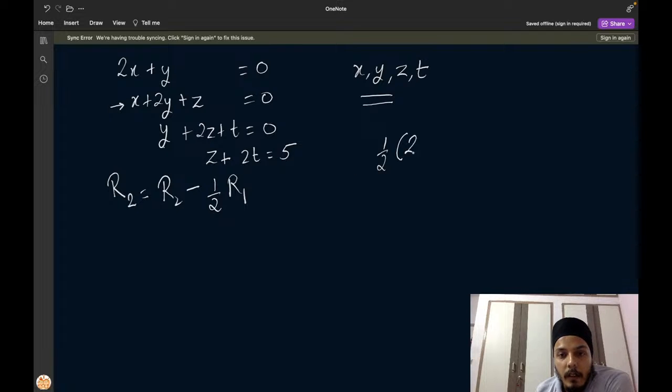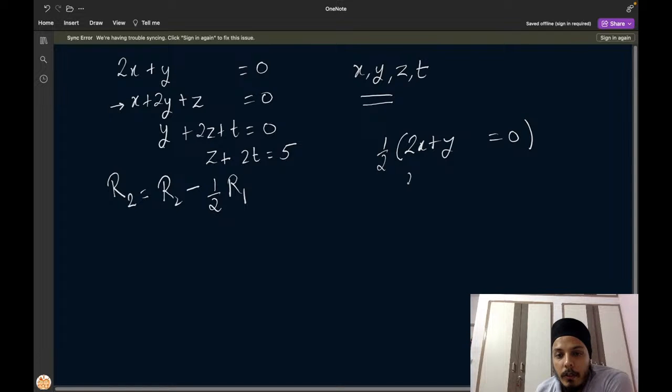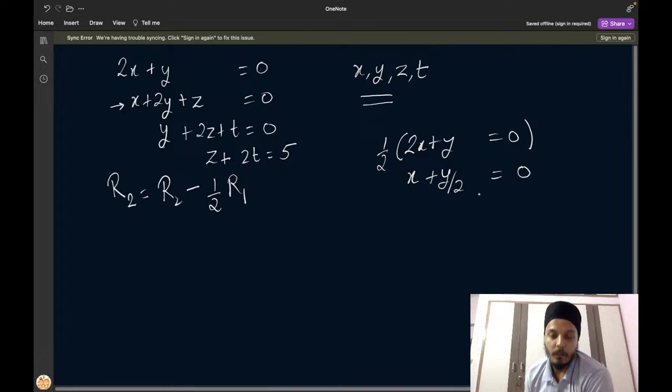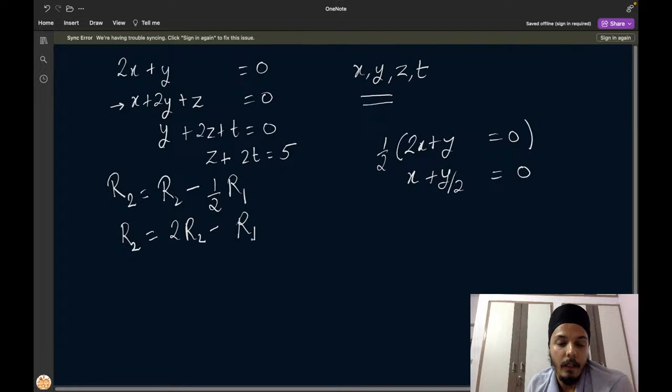Half of R1, that is 2x plus y equals 0, gives x plus y by 2 equals 0. Or you can take 2 times R2 minus R1. Any operation can be done on these equations.